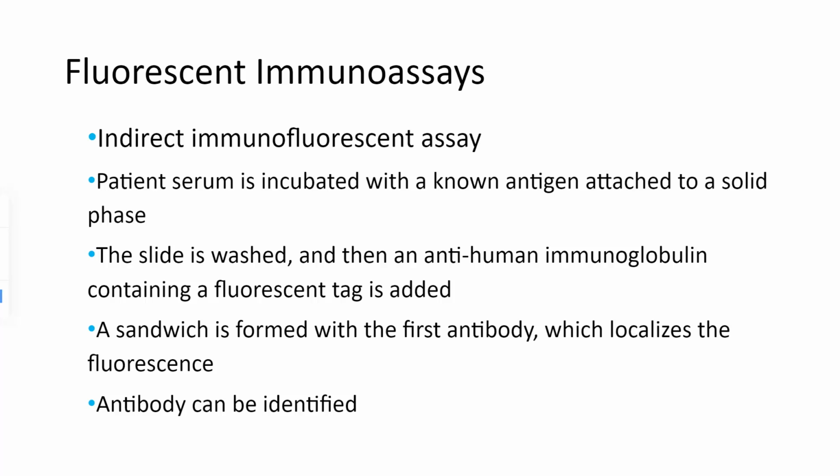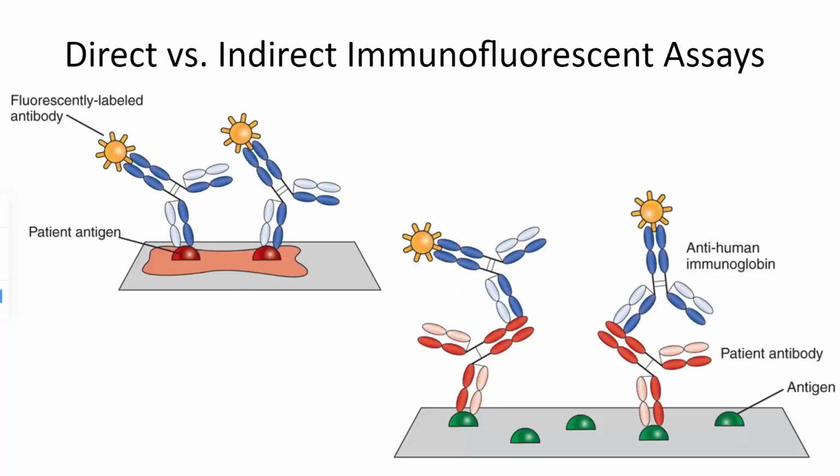In indirect immunofluorescent assay, patient serum is incubated with a known antigen attached to a solid phase. The slide is washed, and then anti-human immunoglobulin containing a fluorescent tag is added. A sandwich is formed with the first antibody, which localizes fluorescence, and the antibody can be identified. So here's direct.